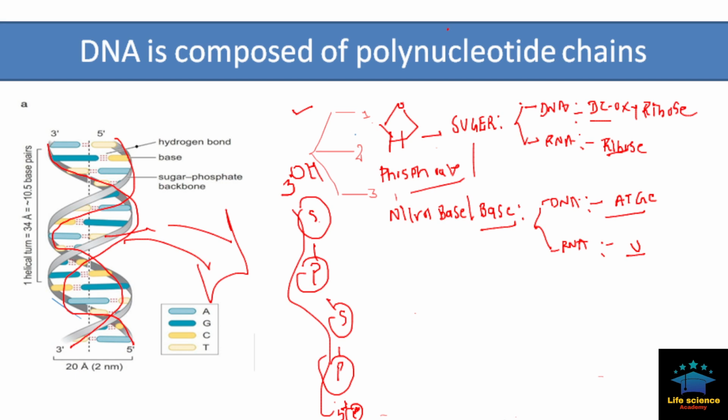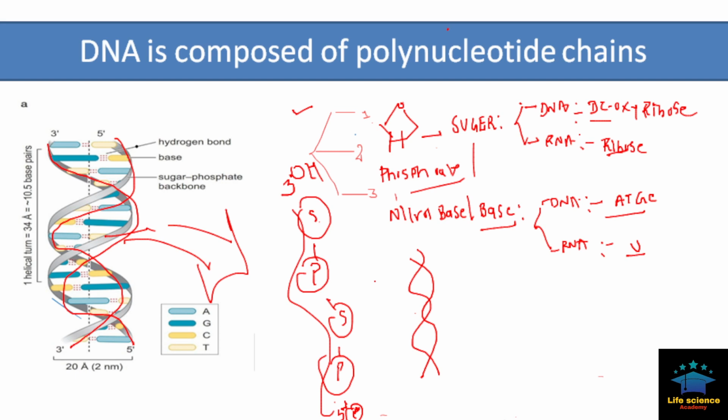So we have this backbone, and two polynucleotide chains wrap around to make the DNA, and there is hydrogen bonding between the nitrogenous bases, which makes them complementary to each other to form the coil-like structure, or you can say rope-like structure.